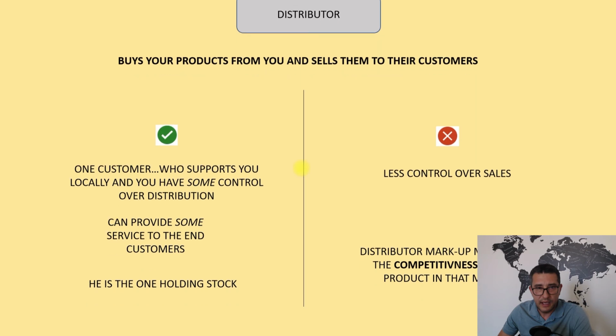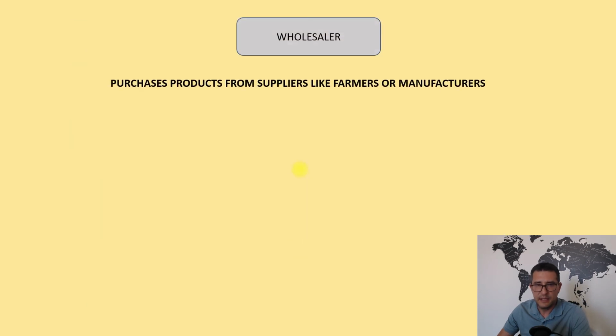And finally, guys, a wholesaler is basically a company that purchases products from suppliers like farmers or manufacturers. Generally, they buy products in large quantities in order to get a discounted rate and sell in smaller amounts in their commercial environment or to industrial users.